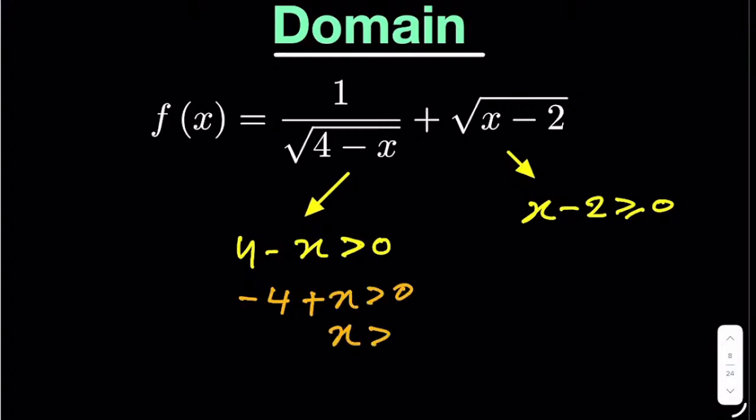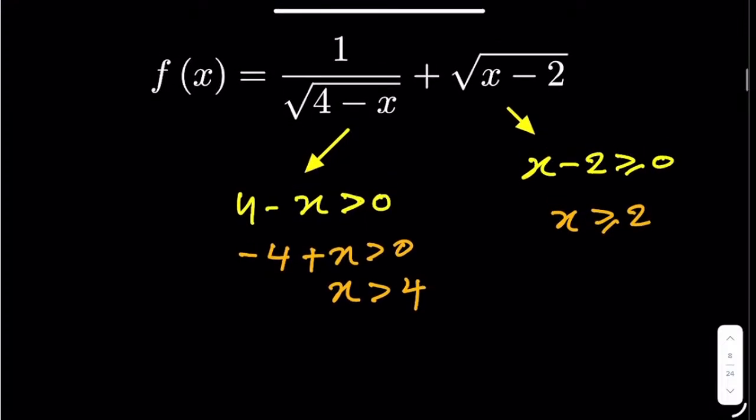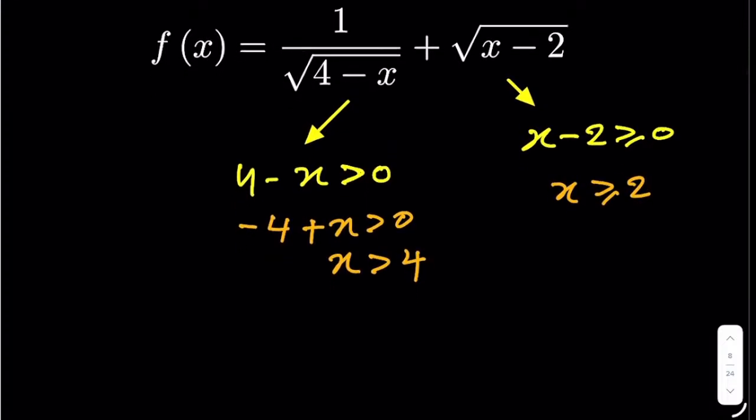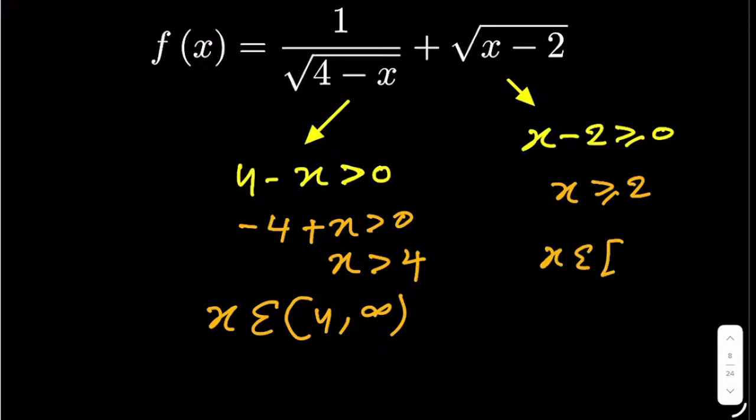So x is greater than how much? 4. From here, x is greater than or equal to 2. According to the definition, x greater than 4 means open interval 4 to infinity, and this one is closed interval 2 to infinity. Clear?